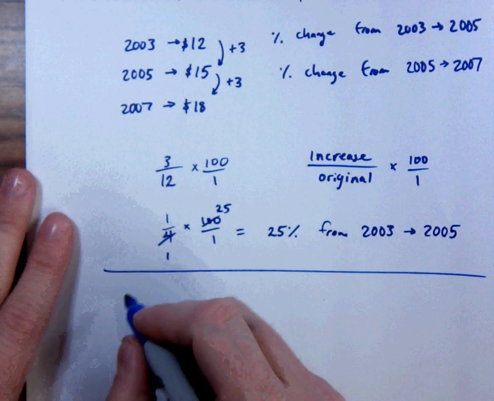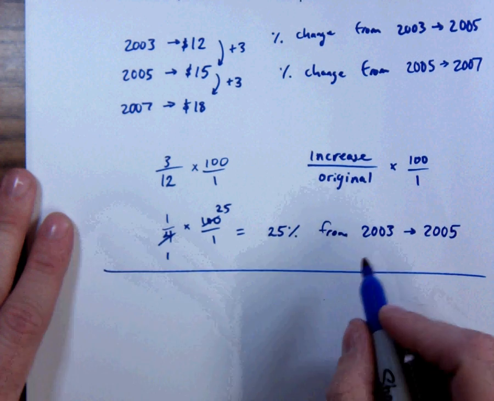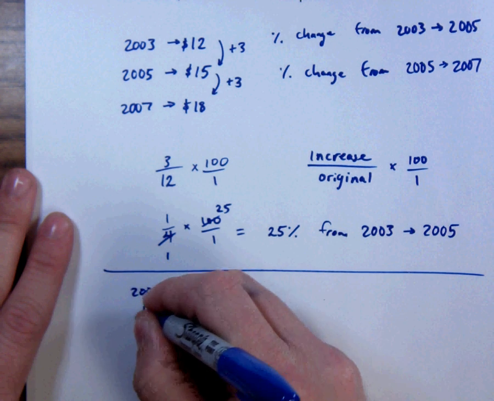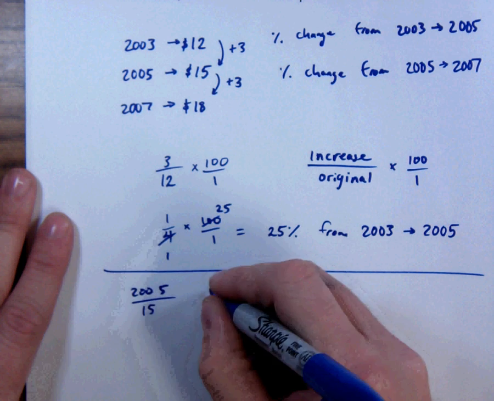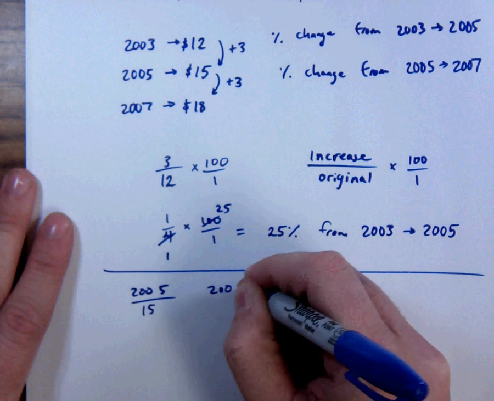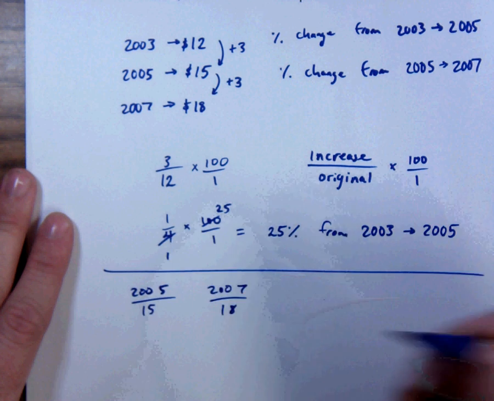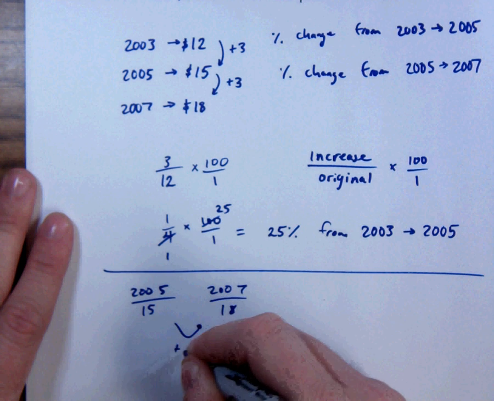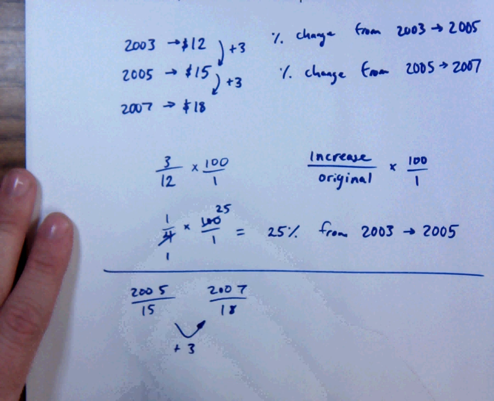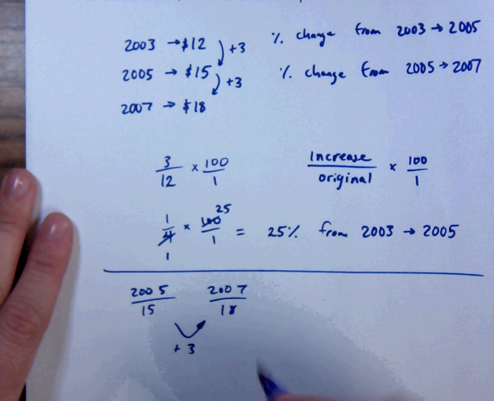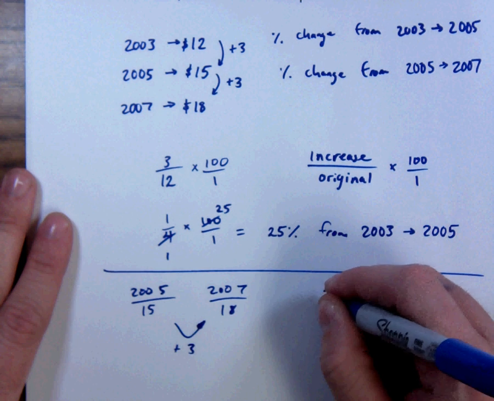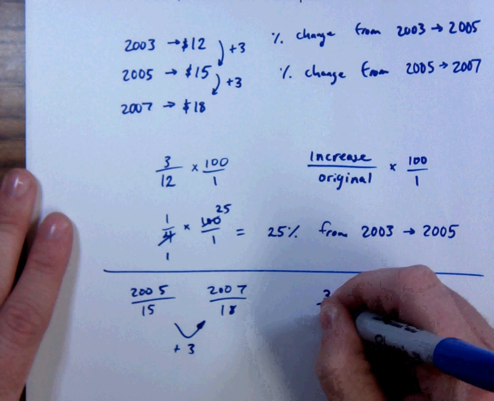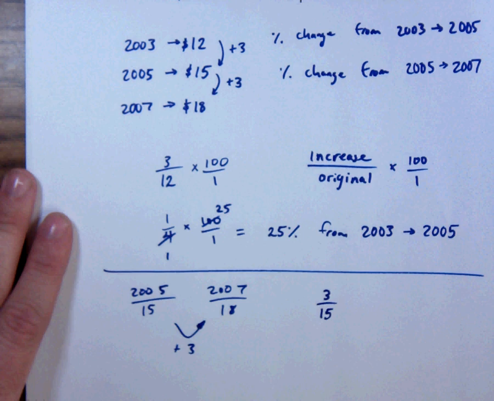To find the percent increase from 2005, which was $15, to 2007, which was $18, we do the same thing. Well, it increased by $3. So we take the increase, 3, divided by our original price, which was 15.